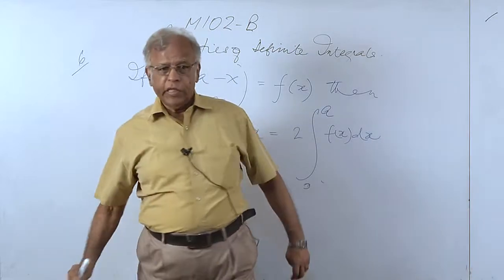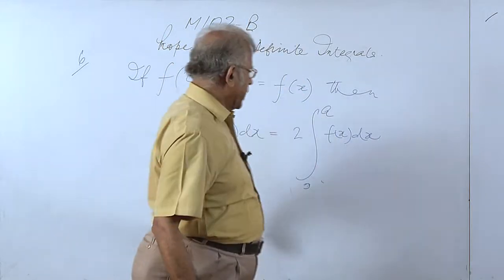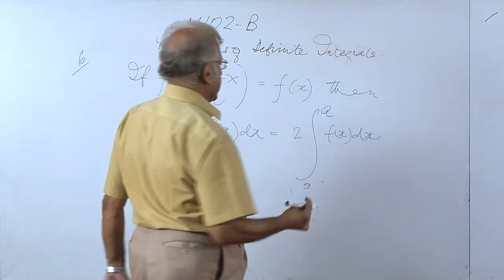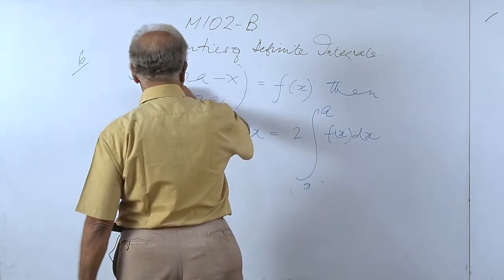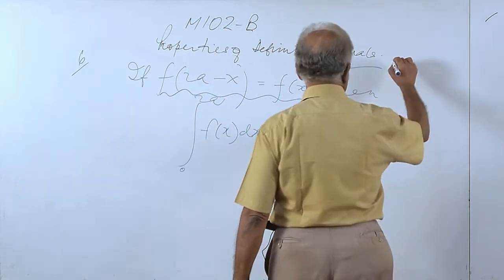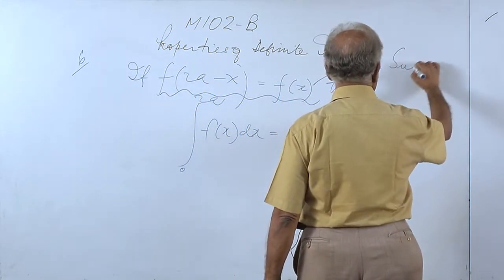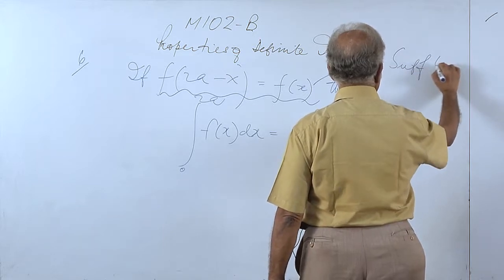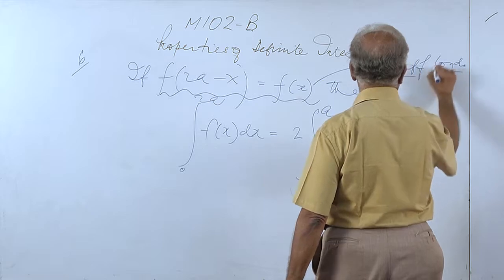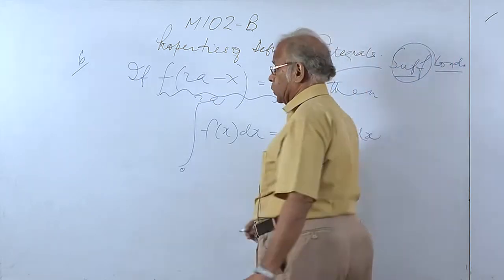Now here it must be very clearly understood that the condition given here is just a sufficient condition. In other words, it is not necessary, it is a sufficient condition.